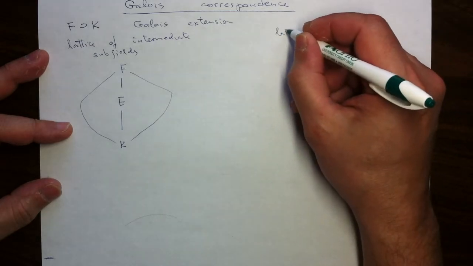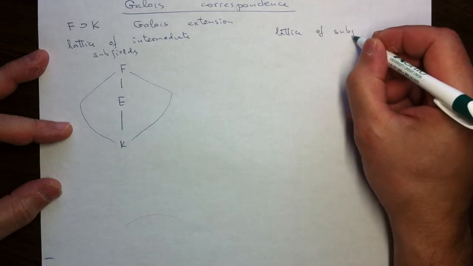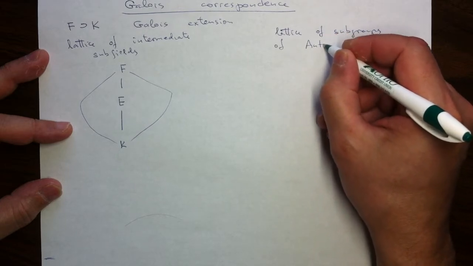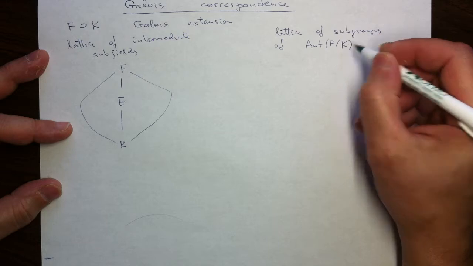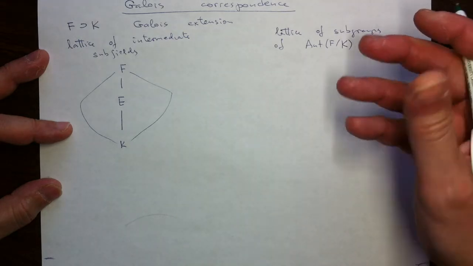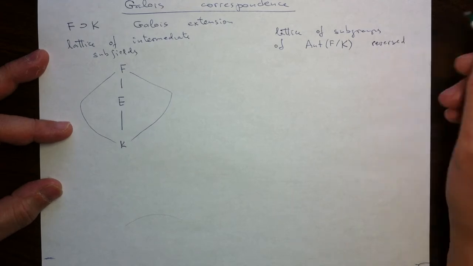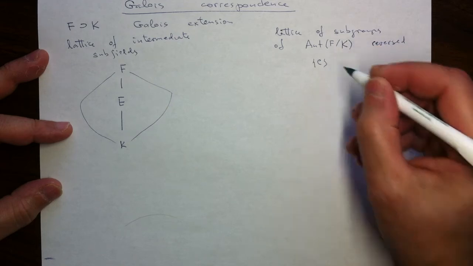The other side is the lattice of subgroups of the symmetry group of the extension, the automorphism group of F fixing K. And we have to flip it upside down, so the reversed version of this lattice will be sitting on the other side.